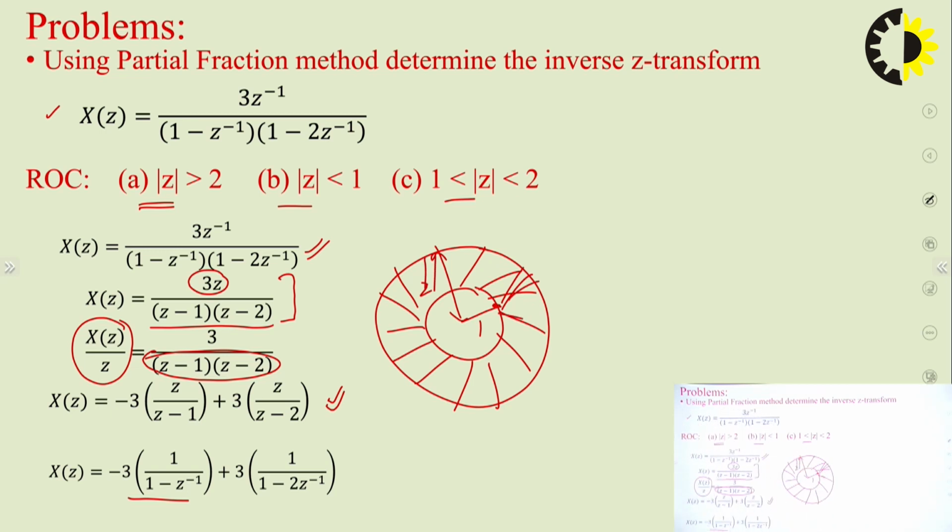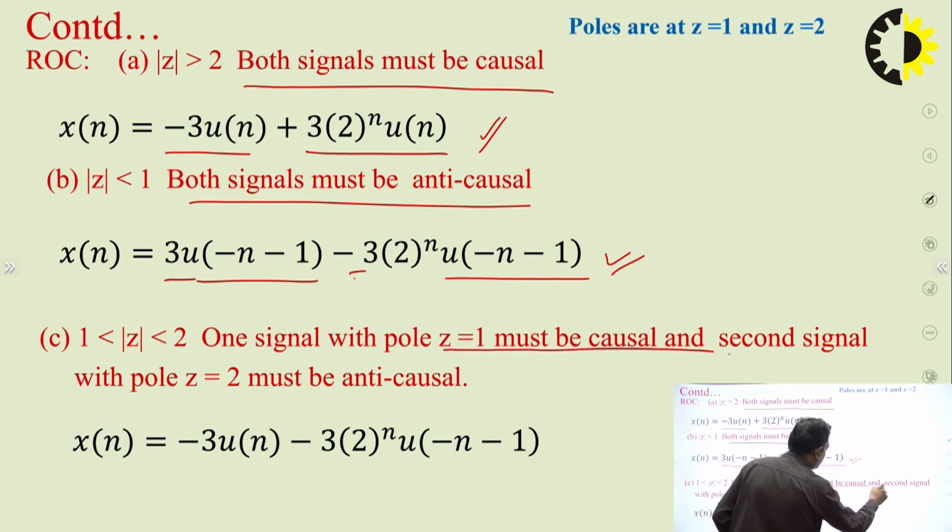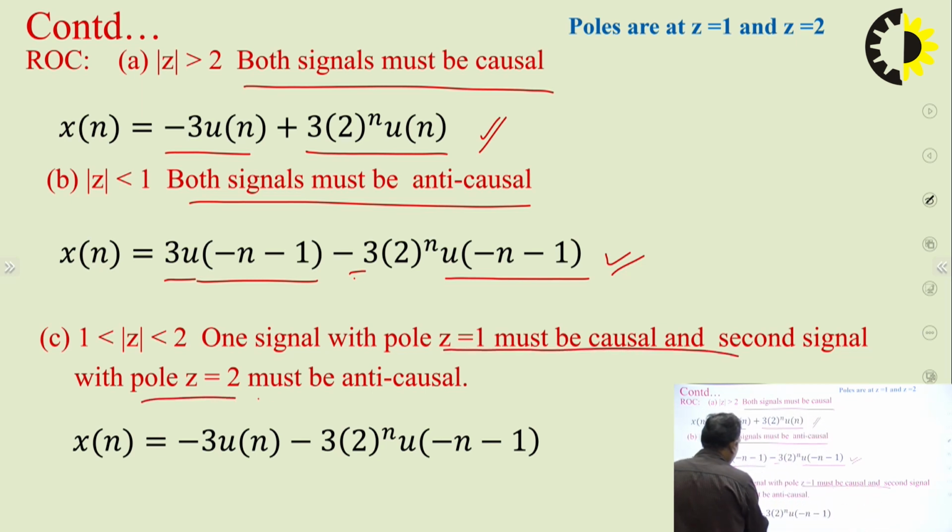So corresponding to the pole z equals 1 we have a causal solution, and corresponding to the pole z equals 2 we have an anti-causal solution. So the pole z equals 1 must be causal and the second pole, z equals 2, must be anti-causal. So the solution is minus 3 u[n] and here minus 3 to the power n u[minus n minus 1]. This is how you can calculate the inverse Z transform using the partial fraction method.